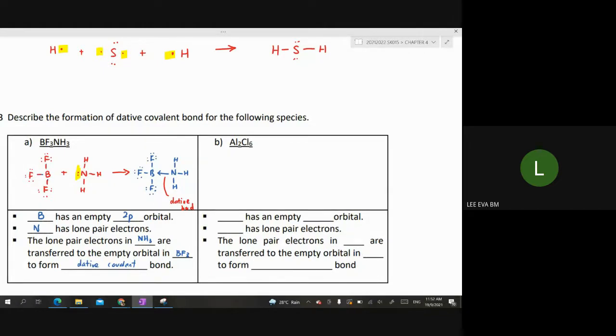Okay, so the next part over here, Al2Cl6, madam give you the starting structure. And then I want everyone to try drawing the arrow from where to where. So madam bagi dulu structure Al2Cl6. Okay, you can copy down and then you can try an arrow. So this is one of the AlCl3.